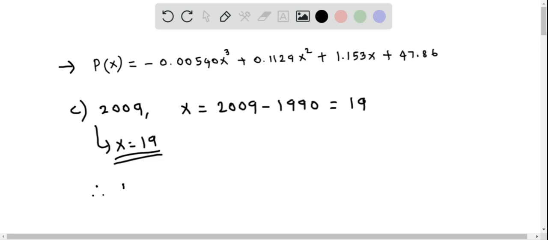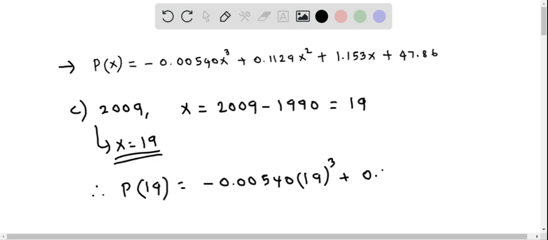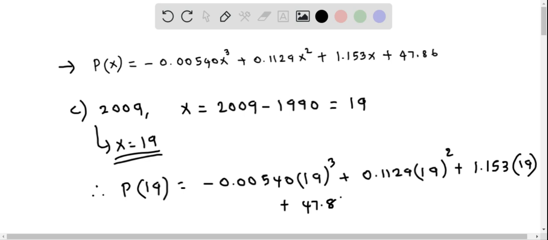So therefore we will get p of 19, and this equals negative 0.00540 times 19 cube plus 0.1129 times 19 square plus 1.153 times 19 plus 47.86.